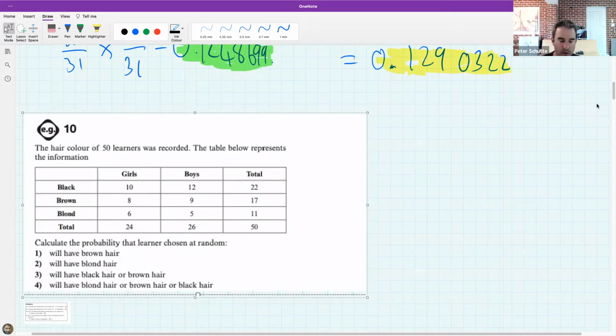And I want you to think about what are the 2 events being considered. But first of all, can you answer 1, 2, 3, 4 for me? And if there are any questions, pop your hand up now. I'm happy to answer them.